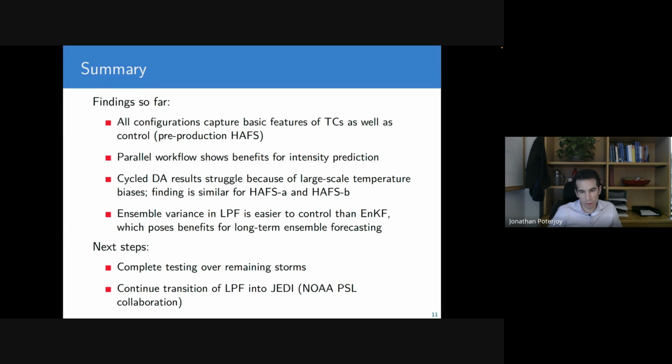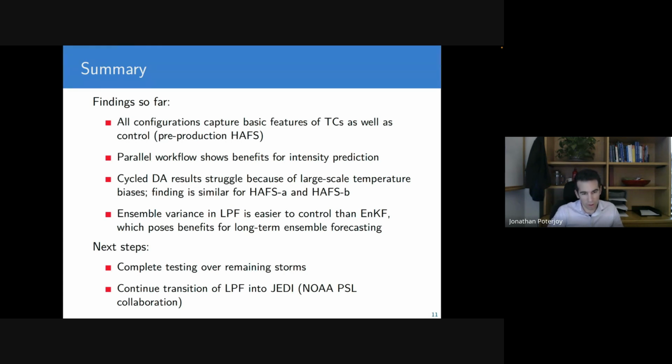Cycling DA results struggle largely because of very large temperature biases that we find. We did some experiments with both HAFS A and HAFS B and find very similar looking results. Ensemble variance in the LPF is more easily controlled than ENKF, and this has implications for global data simulation as well.